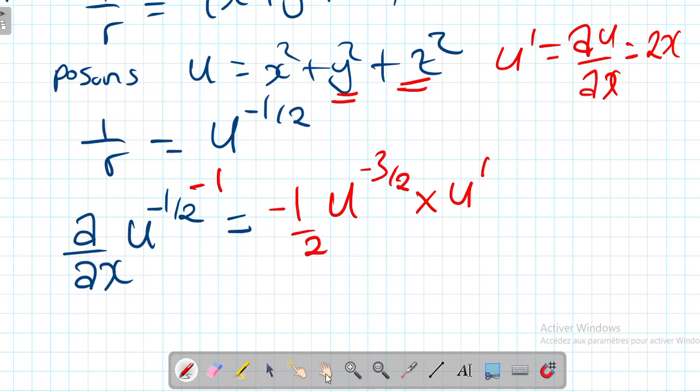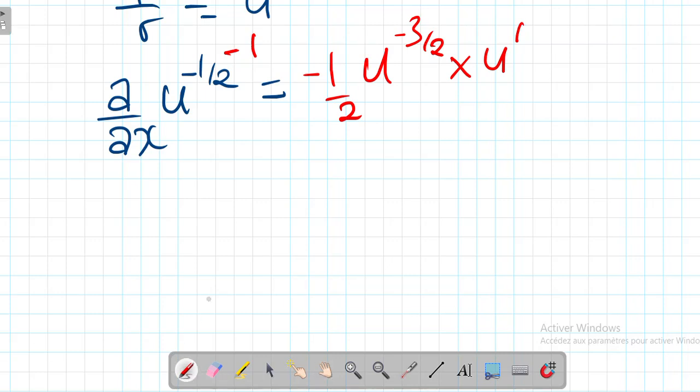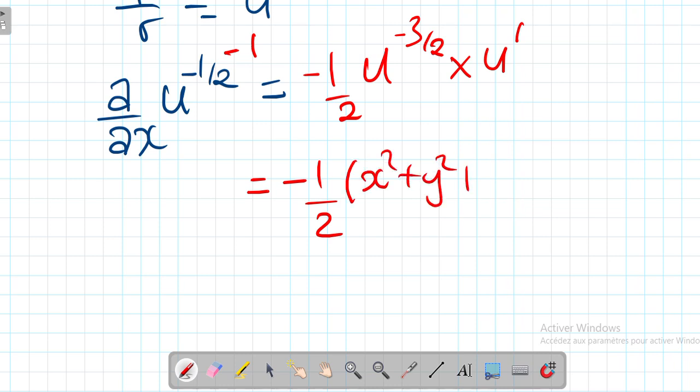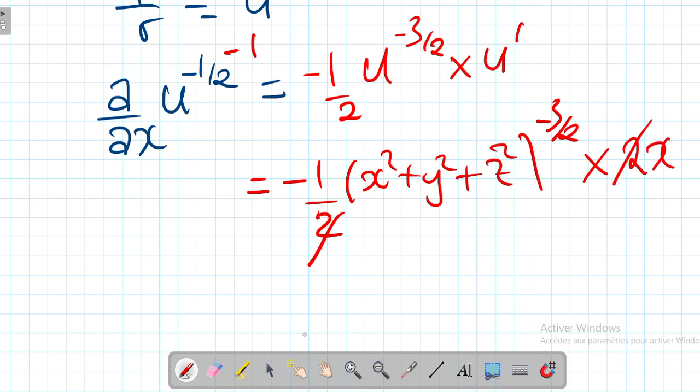So therefore, my entire derivative will be negative 1 over 2. Then you can now say, what is your u? My u was x squared plus y squared plus z squared to the power negative 3 over 2. Then I multiply it by u prime, which was 2x. So I can cancel out this part and this part. So what am I going to have?